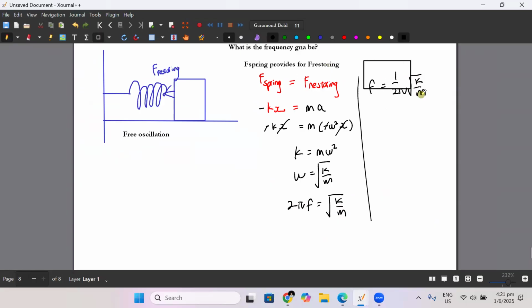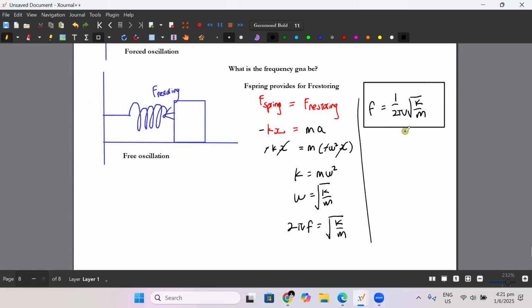Listen, don't memorize. Be able to derive it yourself through this, as they sometimes ask for this. Now, what is this frequency called? This one, you must know. This frequency, when you let it freely oscillate, is called the natural frequency. I think the naming is quite intuitive.